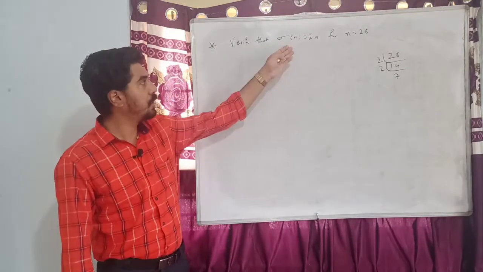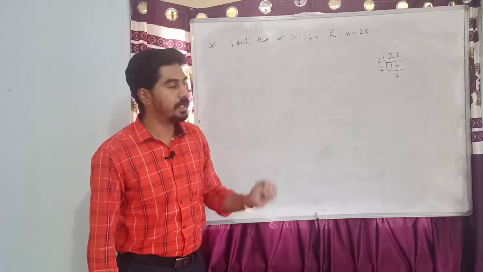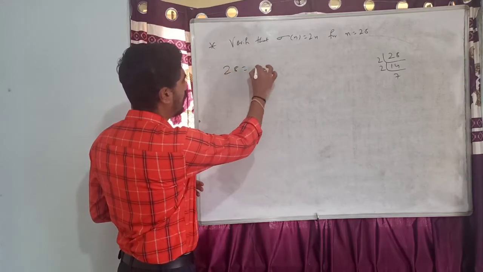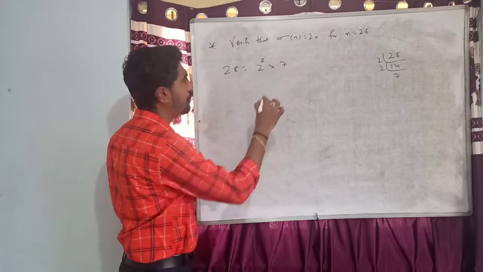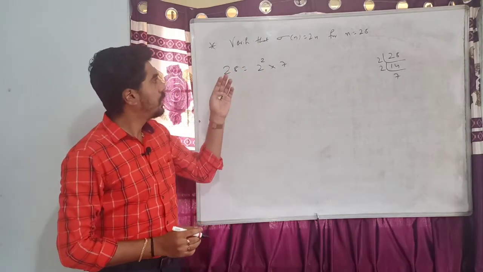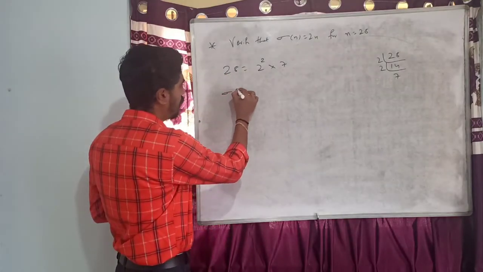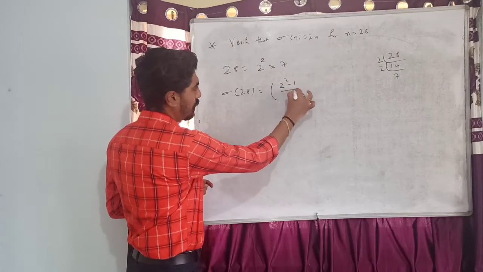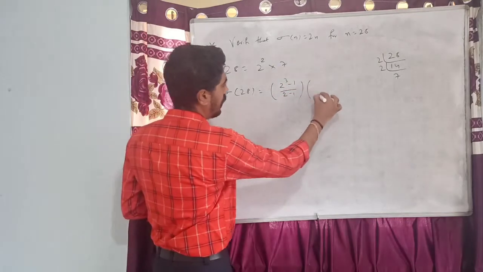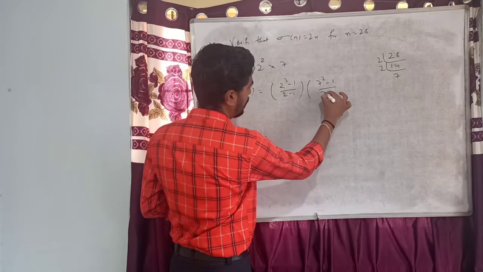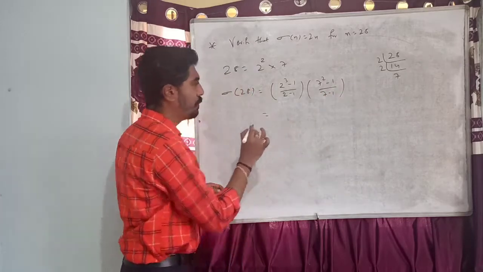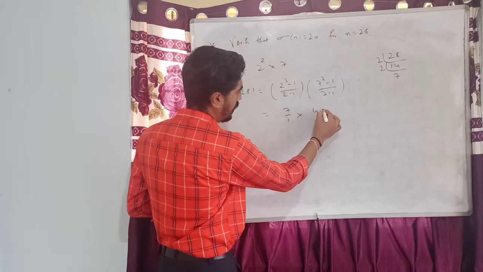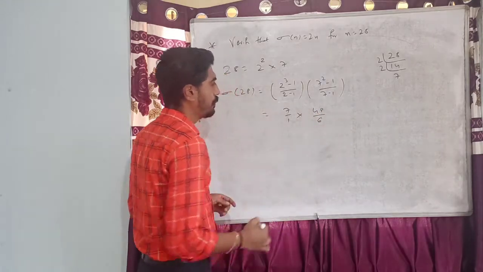Let us consider one final example. Verify that sigma of n equal to 2n for n equal to 28. First I consider the prime factorization of 28, which is 2 square into 7. Now if I find out sigma of 28, which will be equal to 2 cube minus 1 divided by 2 minus 1 into 7 square minus 1 divided by 7 minus 1, which will be equal to 8 minus 1, which is 7 divided by 1 into 48 divided by 6.